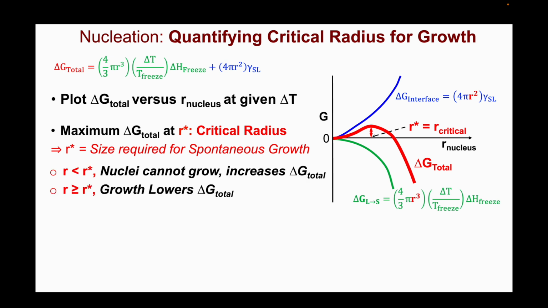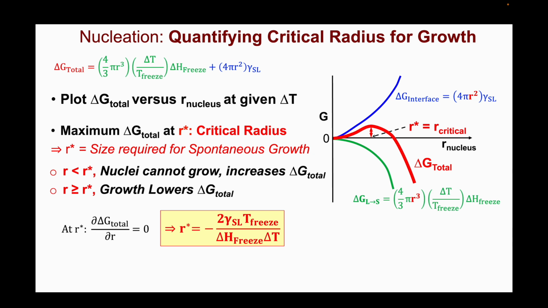Why? If r is less than r star, any growth increases delta G total. However, when r reaches r star, the growth lowers the delta G total, and it will proceed spontaneously. Taking the differential of delta G total with respect to r, we can obtain an equation to calculate the value of r star.